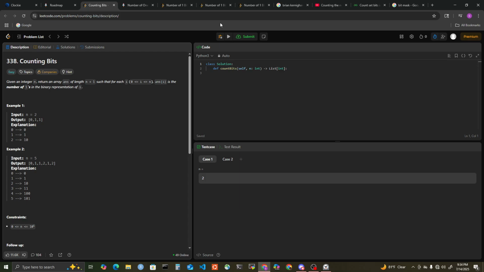Given an integer n, return an array answer of length n plus 1 such that for each i, the answer is the number of ones in the binary representation.